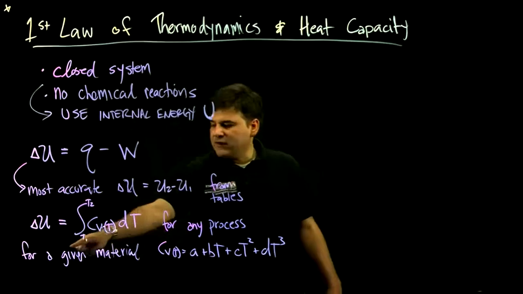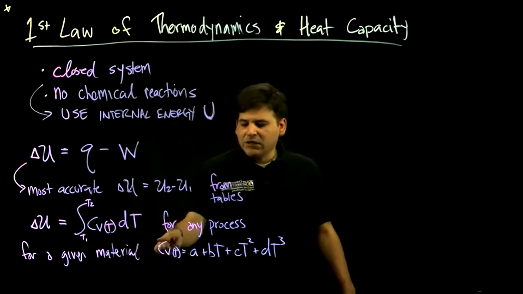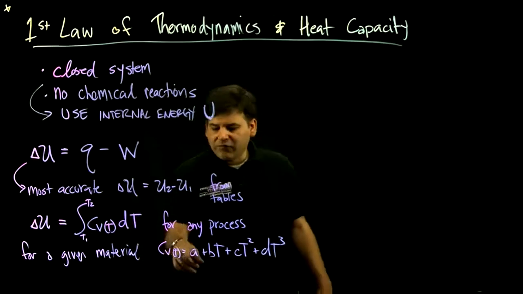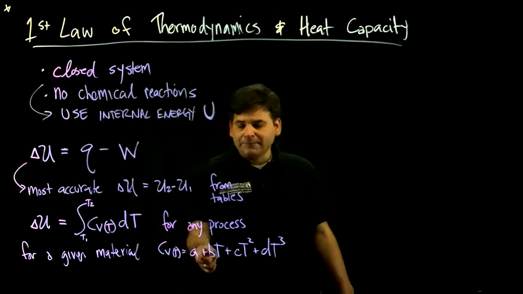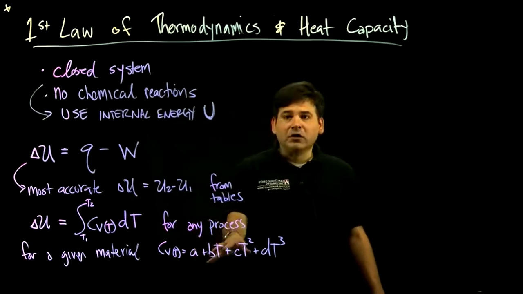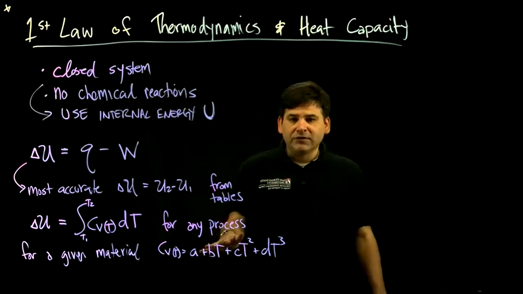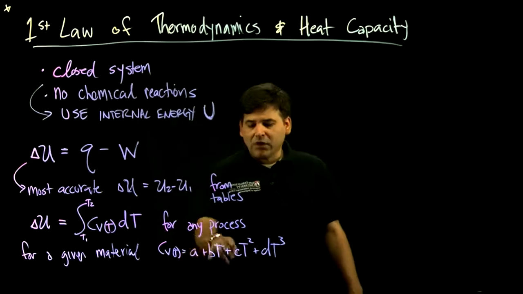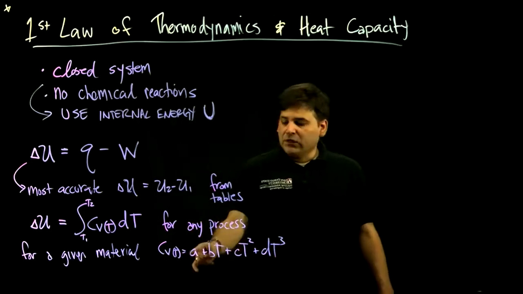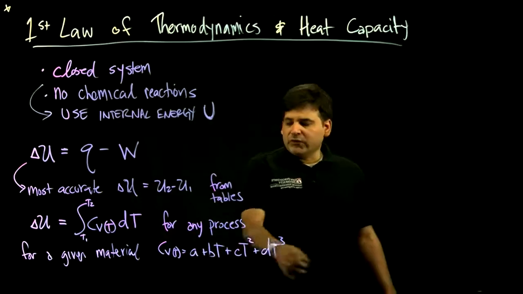So for a given material, for a given system, you'd want to find an accurate function that captures the temperature dependence of heat capacity. Polynomials are often used. There's a famous thing called, in thermal fluids, rocket science, NASA polynomials. And it's literally something like this with more terms.